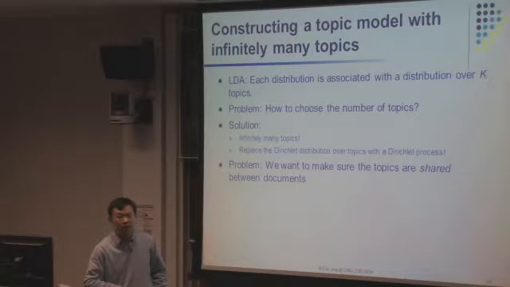Then on article B, how can I ensure that they are modeled in the same infinite dimensional space of the topics? Okay, the nth topic is the same nth topic from the first one, even though this n can be infinitely many, right?